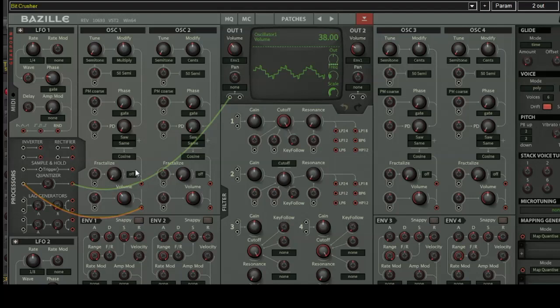We've got a change at 38. Another one at 65. And you can also see in the waveform we have more of a sine wave look to it. It's just got little steps in it.